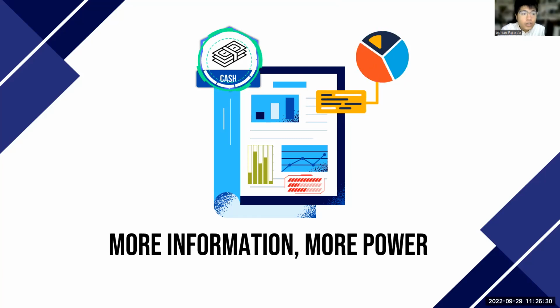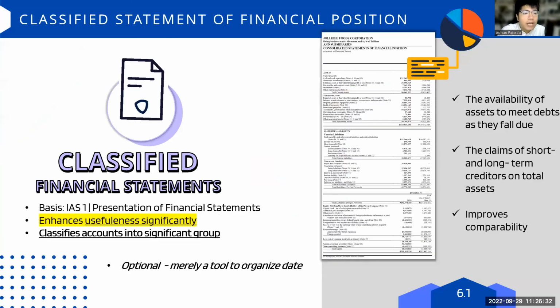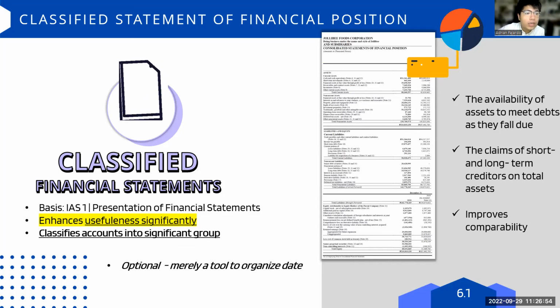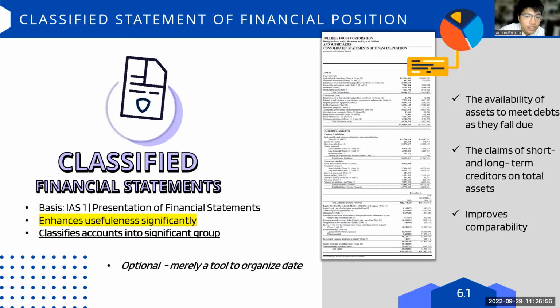And therefore, logically, the more information our financial statements provide, the better, right? And therefore, if before, for basic accounting, we showed you the financial statements of financial possession, now we're going to be introducing the actual things used by companies called the classified statement of financial position or our classified balance sheet.